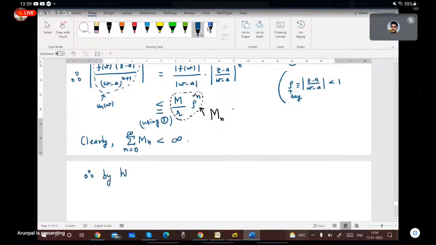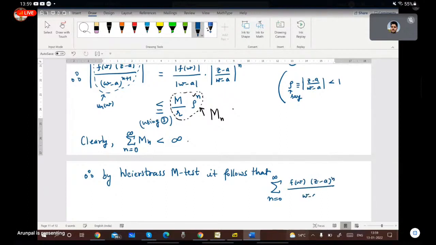So therefore, by Weierstrass M test, it follows that the summation n going from 0 to infinity of f(w) (z minus a) to the power n upon (w minus a) to the power n plus 1, the series is uniformly convergent.